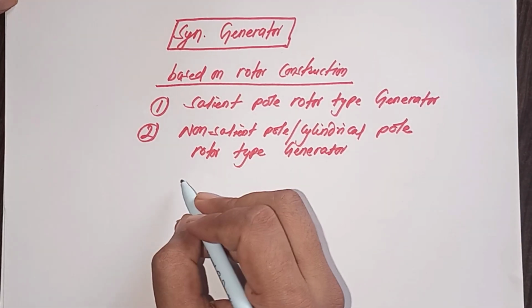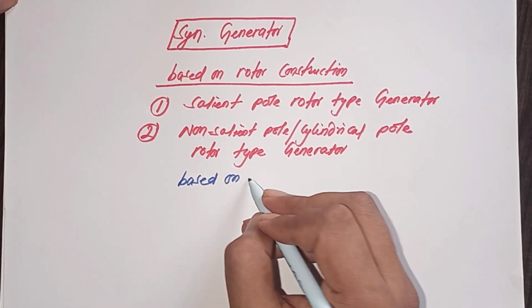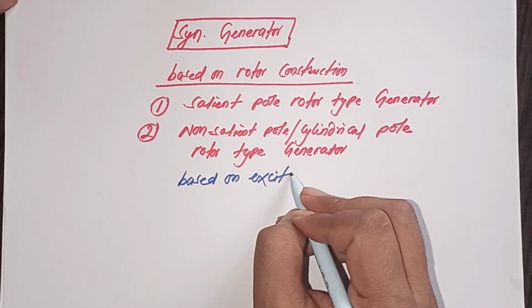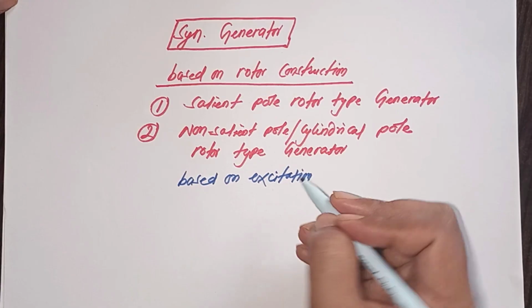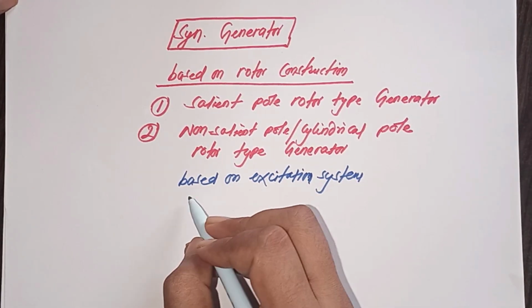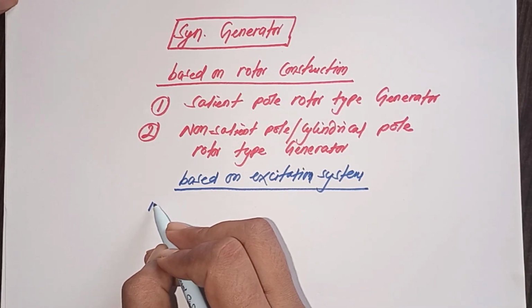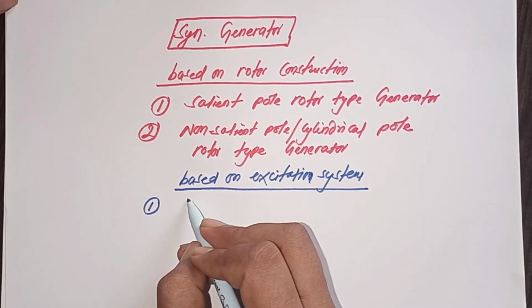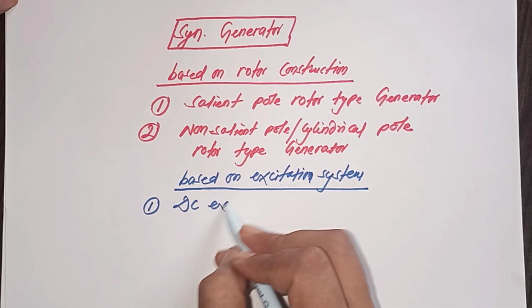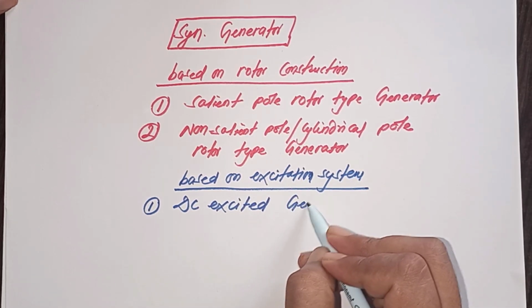Based on excitation system, synchronous generator can be classified into three categories. First is DC excited generator.